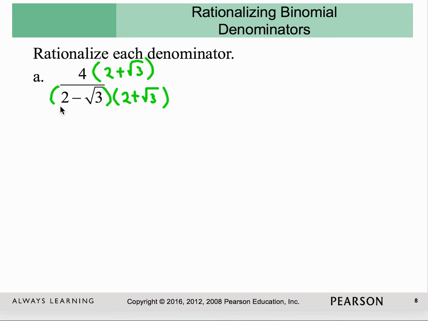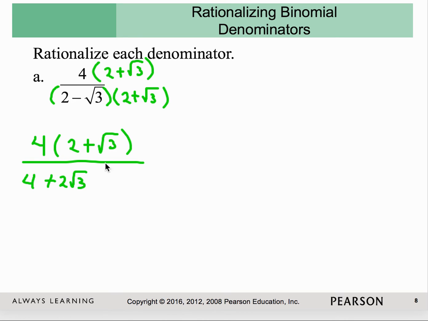Then notice what happens. I'm going to multiply it out one time. 4 times 2 plus square root of 3 over 2 times 2 is 4. Okay, 2 times square root of 3 is plus 2 square roots of 3, minus 2 square roots of 3, minus square root of 9, 3 squared, right?